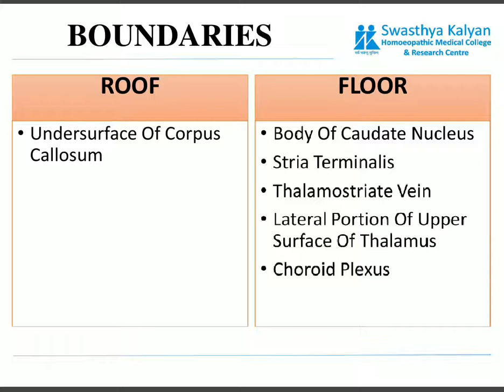The stria terminalis is a linear band of fibers, and it runs along the lateral margin of the ventricular surface of the thalamus. The thalamostriate vein is present in the groove between the corpus striatum and the thalamus. The corpus striatum is a cluster of neurons. The thalamus is a large mass of gray matter.